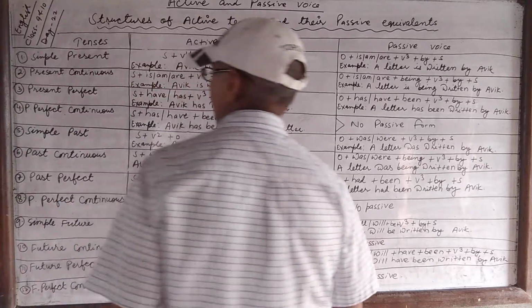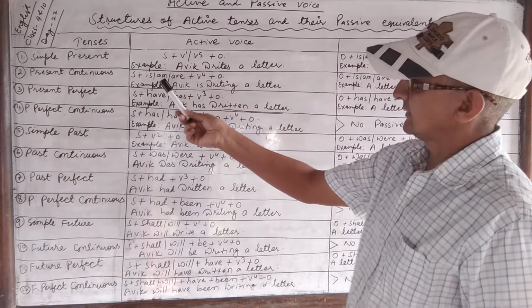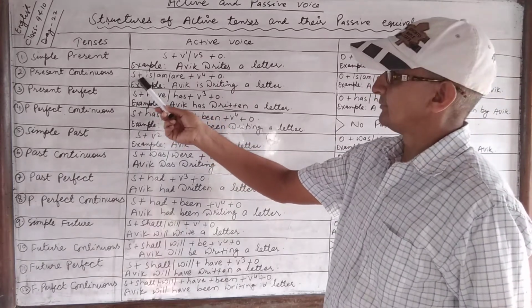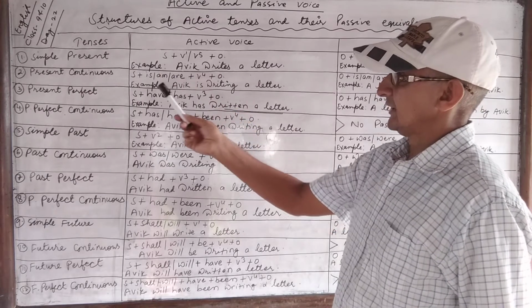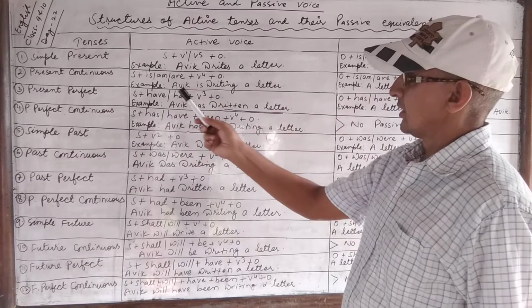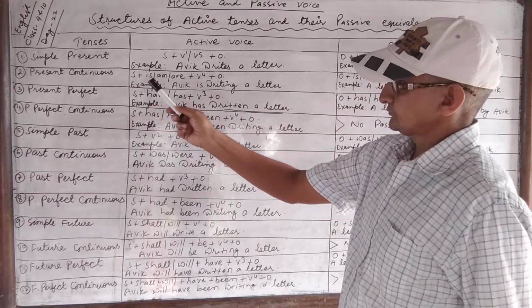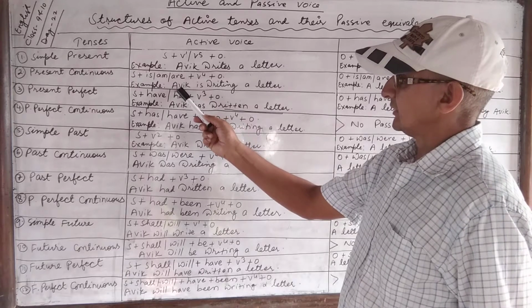Now next, number 2, present continuous tense. The structure of present continuous tense is subject plus is/am/are plus V-ing plus object. The example is, Avik is writing a letter. Avik is subject. With Avik, is is used here because Avik is a singular subject.